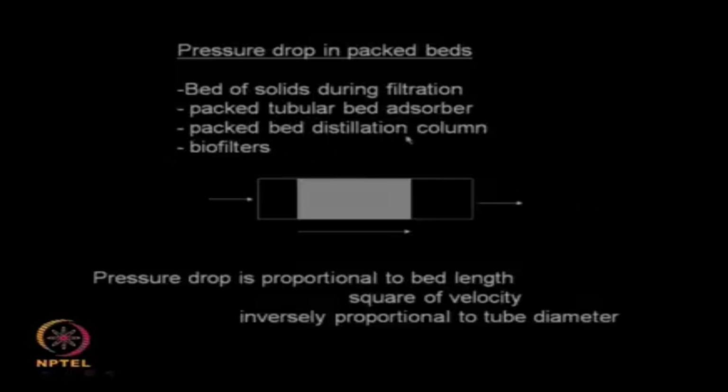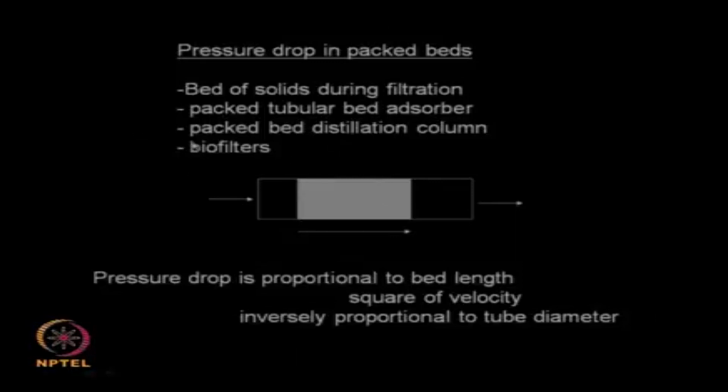Packed bed distillation column, where you are distilling a mixture of liquids into various fractions, and if you have the column as a packed bed, then again the pressure drop will be tremendous, and you need to have the vapors able to overcome this pressure drop.